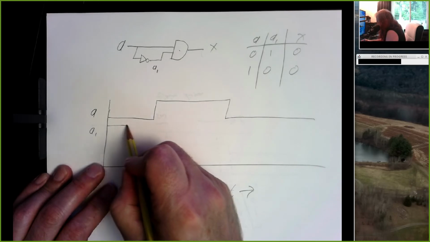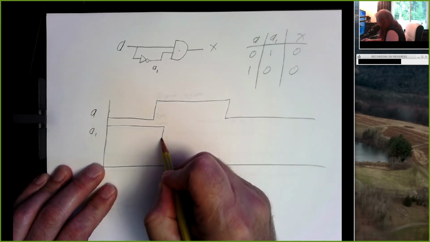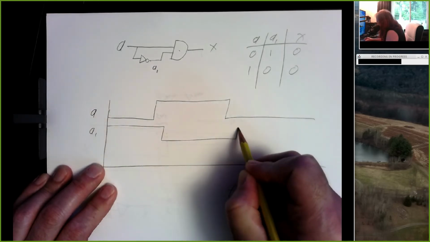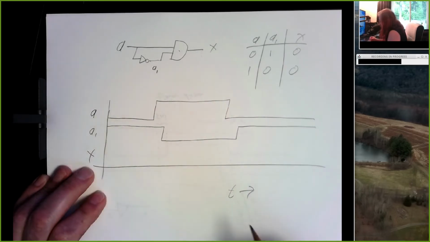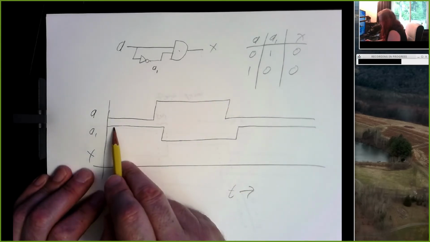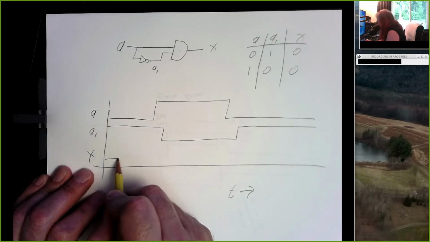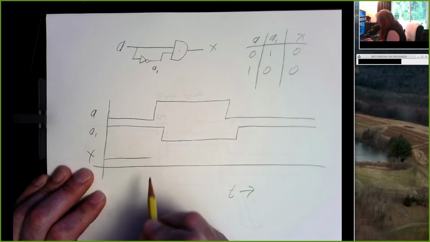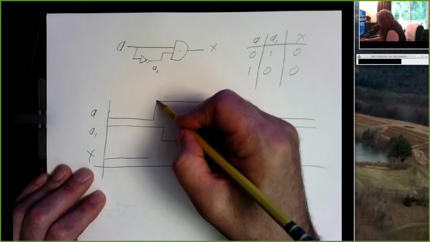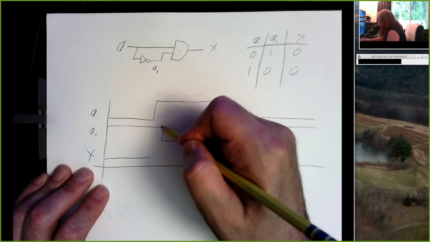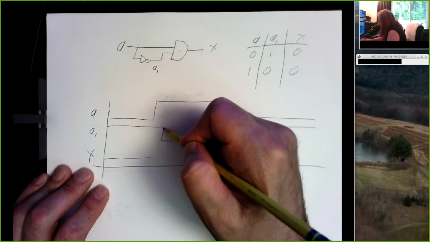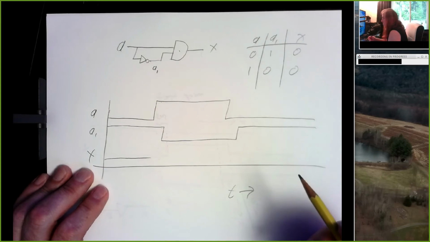It looks like the opposite of this, but there's a delay. And so X should be the AND of A and A1. Well, 0 ANDed with 1, that's just a 0, so that's going to be 0, 0, 0. At this point, A is a 1, A1 is a 1. We have two 1s going into an AND gate. 1 ANDed with 1 is 1.